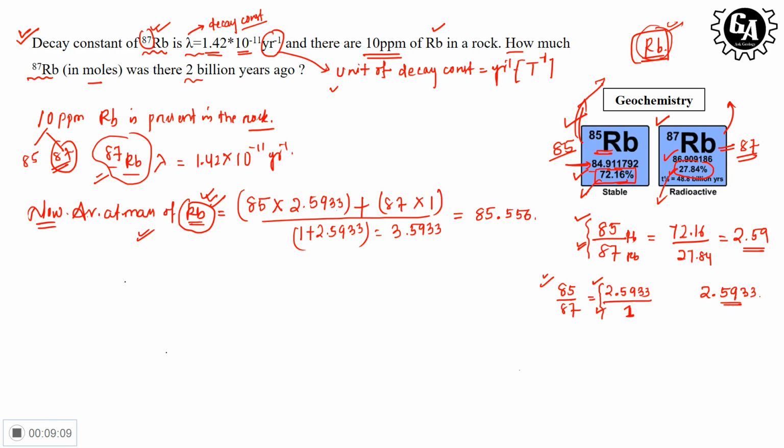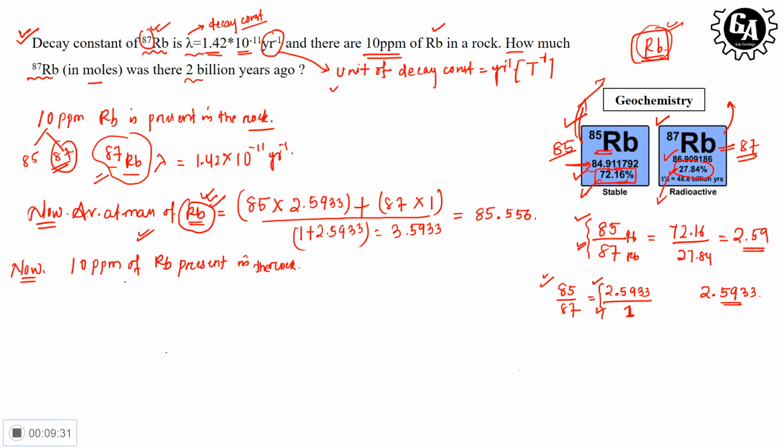Now what is the given question? In the given question there is 10 ppm of rubidium present in the rock.